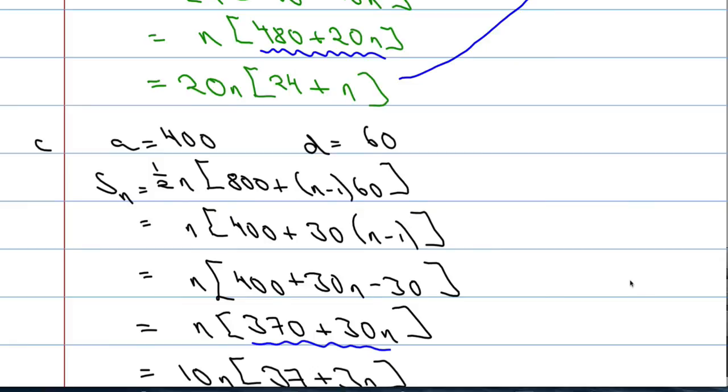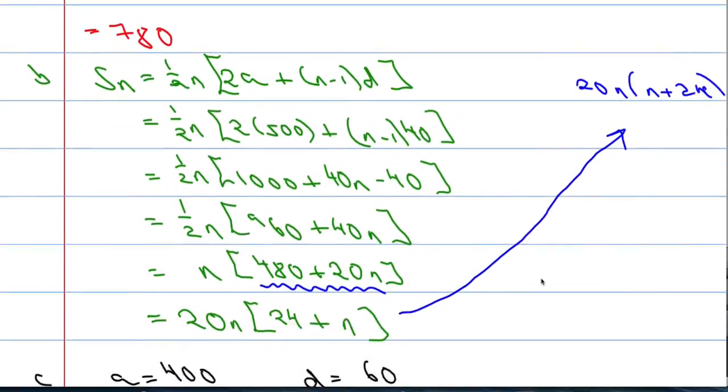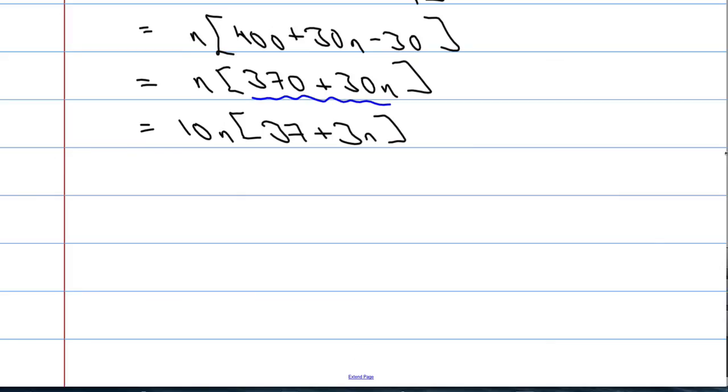Now the question is, by forming and solving a suitable equation, find the number of years. So we're looking for the value n of paying into the schemes after which Carol and Ahmed will have paid in the same amount in total. So essentially, I want to know when the two series equal each other.